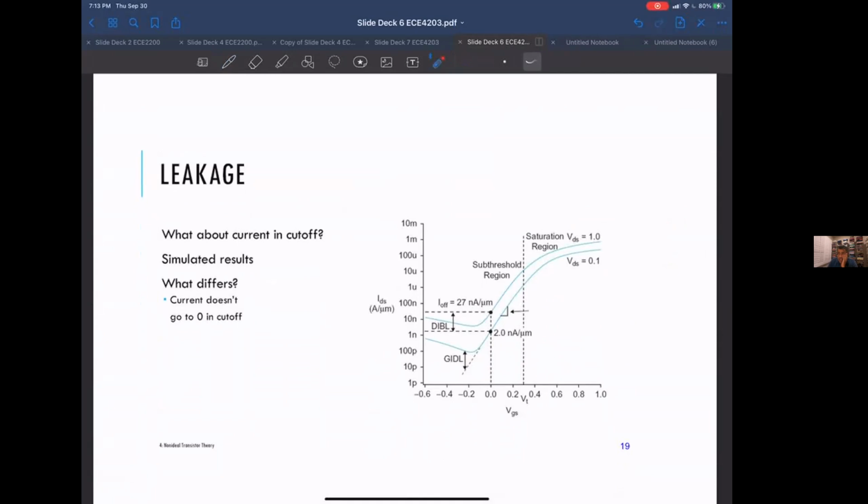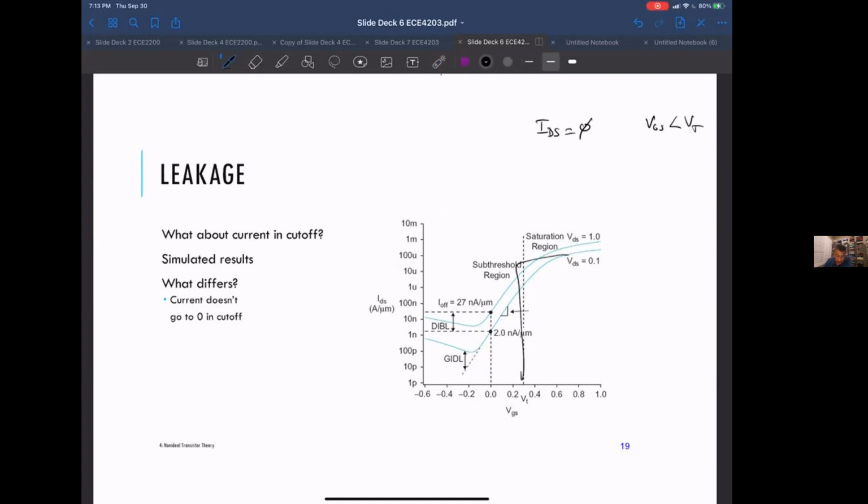Now going back to the leakage effects, again we're looking at the subthreshold region. In the ideal model, IDS would just go to 0 when VGS is less than VT, which is no longer the case.